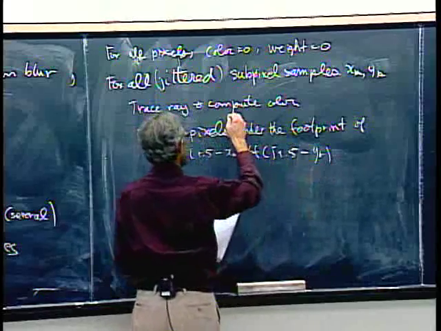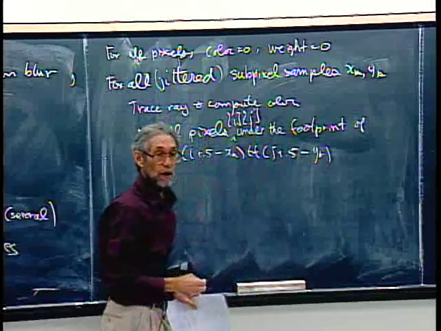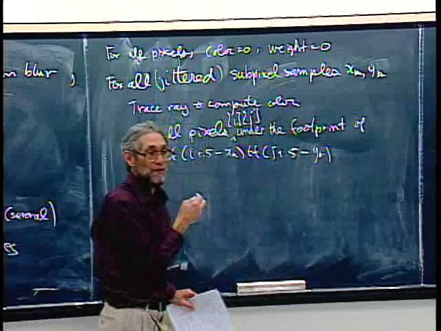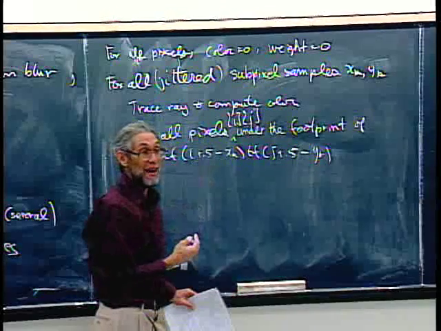This is all pixels i, j. In general, there'll be 4 of them. I guess if it's exactly at a pixel center, it'll only be 1. But you know, if you do it randomly, it's unlikely to happen there.